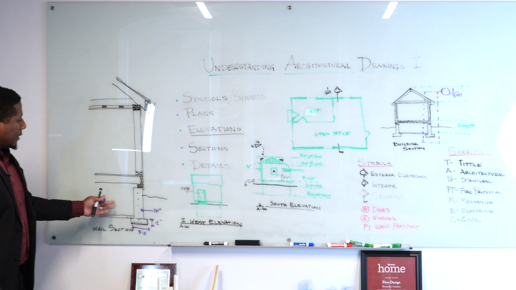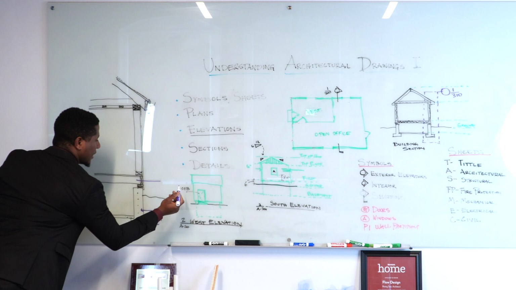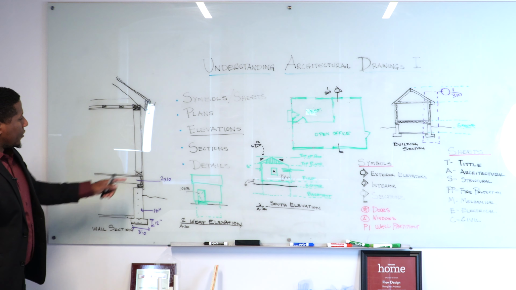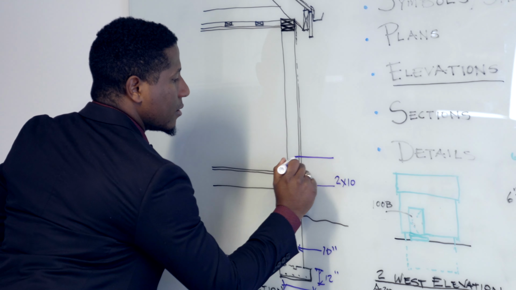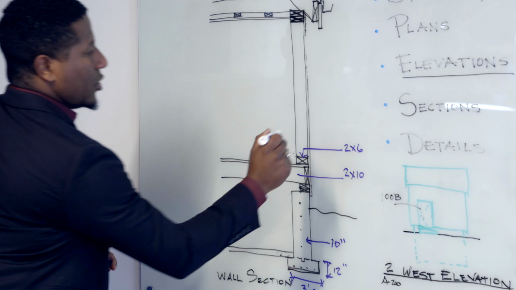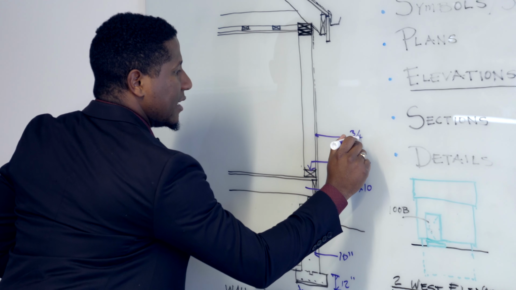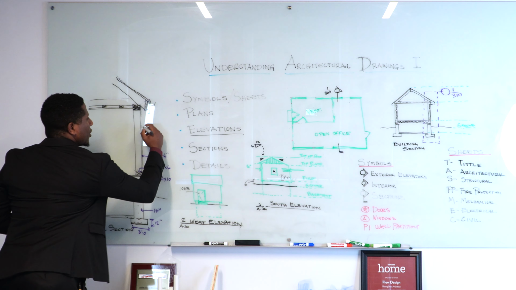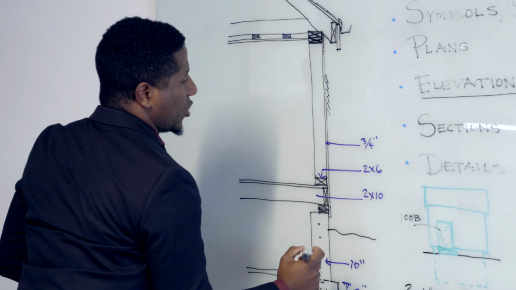In the wall section, you will be able to tell, oh, that floor joists are actually 2 by 10. You have your wall type, like this is a 2 by 6 exterior stud. This is your sheathing, 3/4 of an inch, and then you can see, oh wow, look at this kind of siding. This siding goes like that, but guess what?